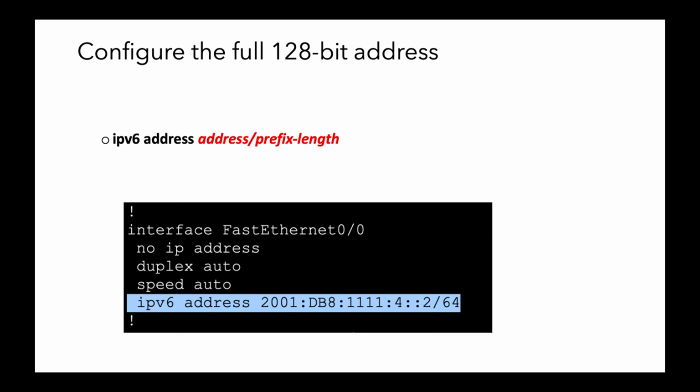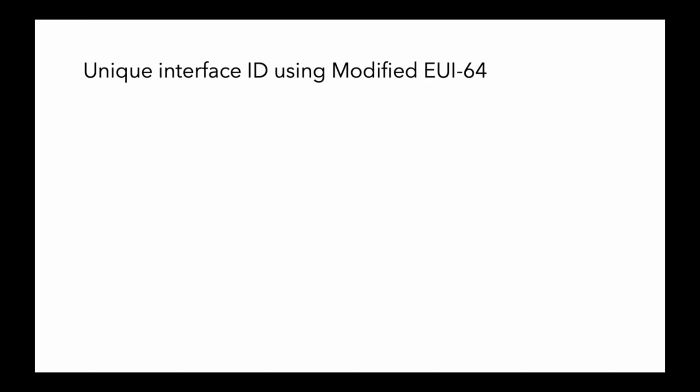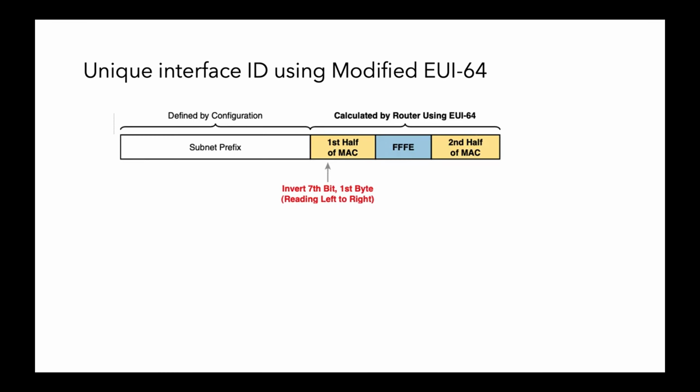And the IPv6 address we have is 2001:DB8:4x1:4:2/64.